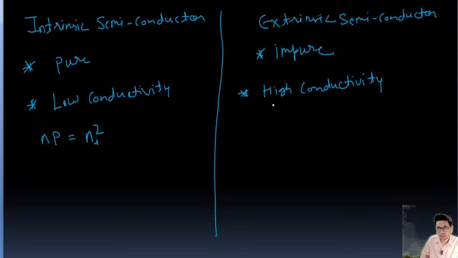If we talk about extrinsic semiconductors, there are two types: N type and P type.